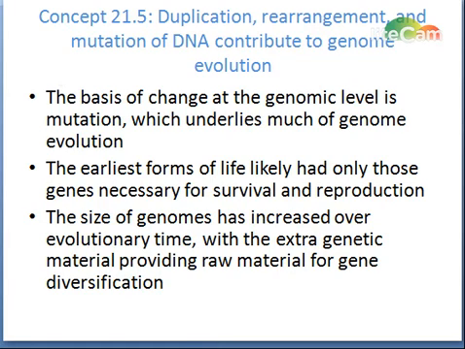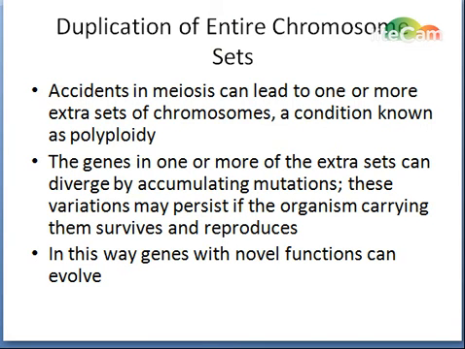It's believed that the earliest forms of life most likely had only the bare minimum number of genes necessary for survival and reproduction, which means that the size of genomes has increased over evolutionary time, with the extra genetic material providing the raw material for gene diversification. This diversification can happen when there are accidents in meiosis, which lead to one or more extra sets of chromosomes. That condition is called polyploidy.